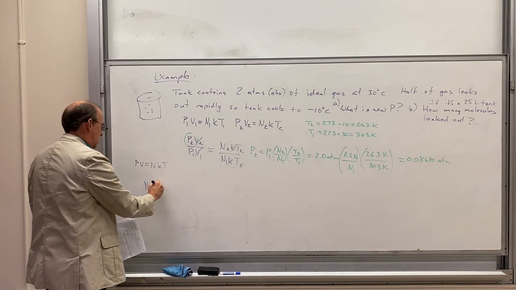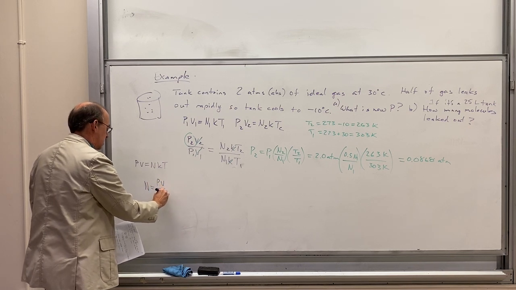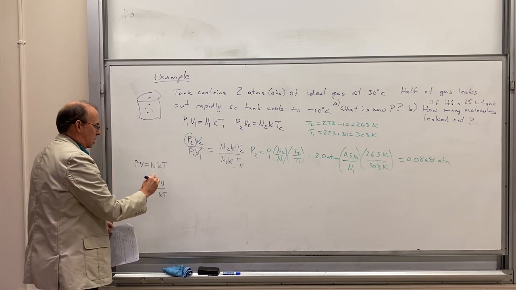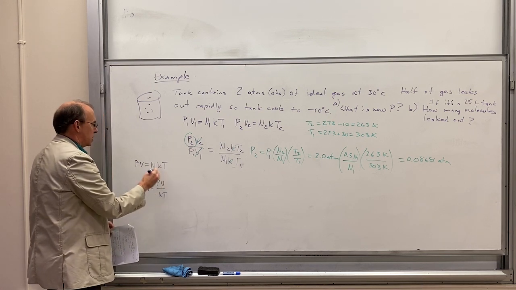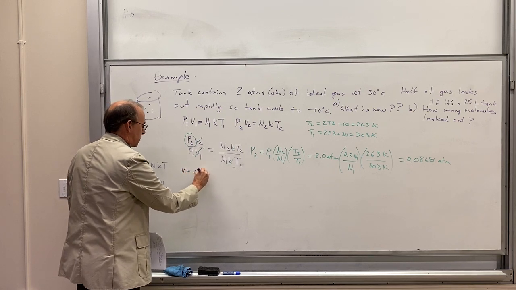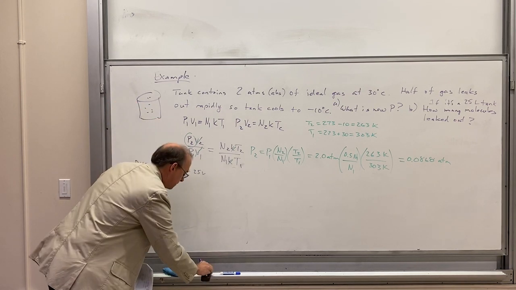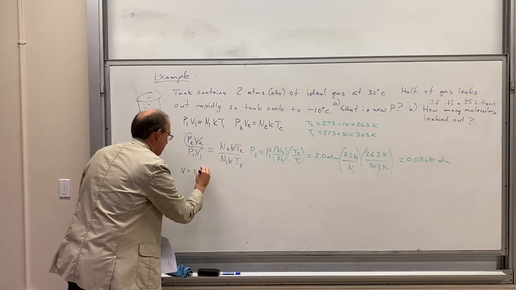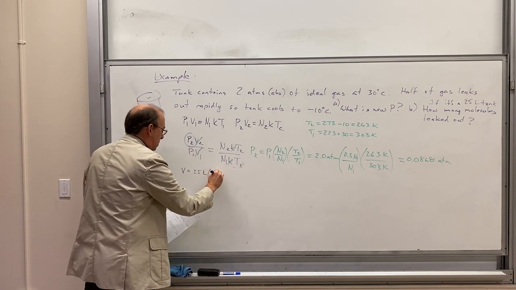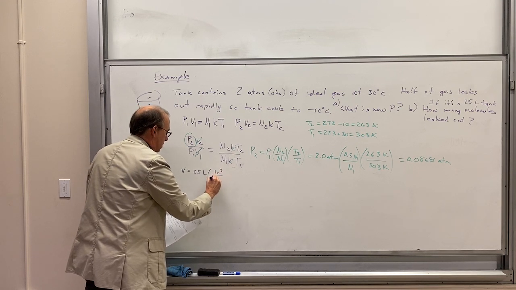So N was PV over KT. So we need P, we need K, we need T. As an aside, I need V. V is the volume of the tank, 25 liters, times a cubic meter per 1,000 liters.